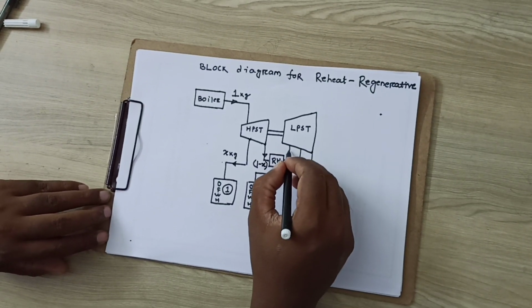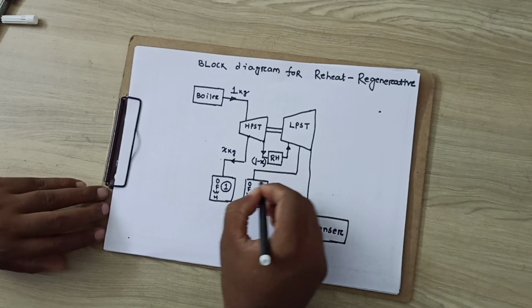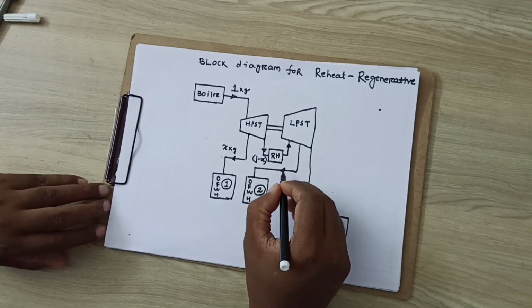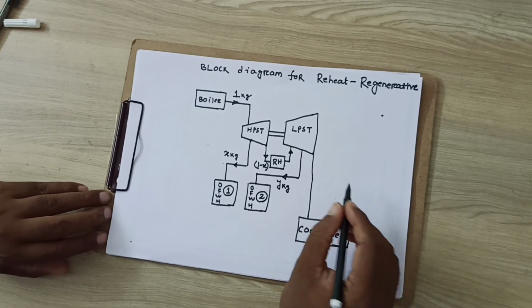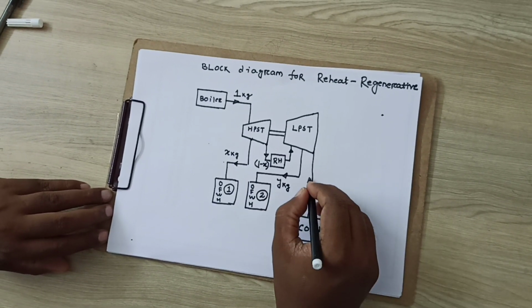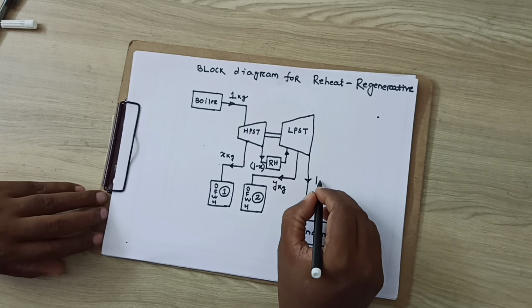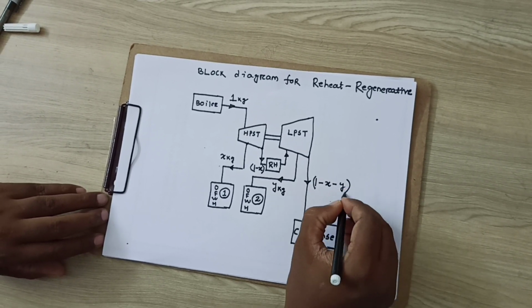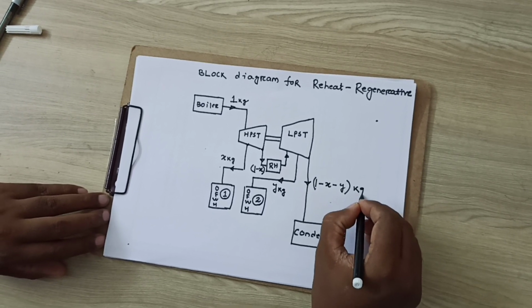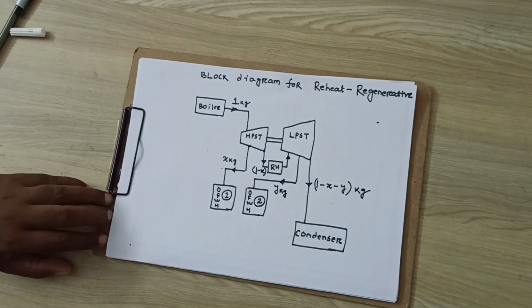Then here again 1 minus x kg is going, and at this portion for OFWH 2 we have bled out y kg of steam. So what is the mass fraction going to this condenser? To this condenser it will be 1 minus x minus y kg on a unit mass basis.